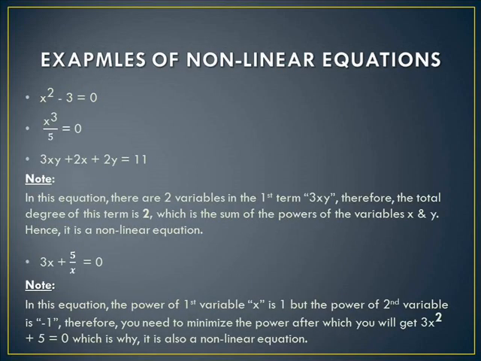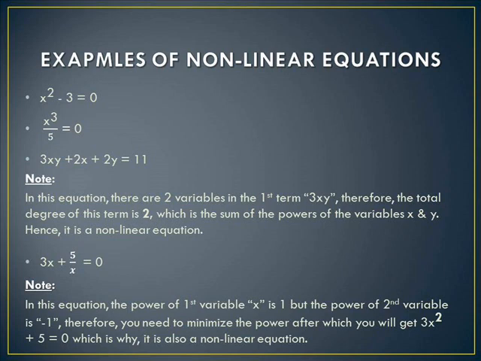Here are some examples of non-linear equations. In the first example, you can see that the degree of x is 2. Therefore, it cannot be a linear equation. In the second example as well, you can see that the degree of x is 3. Therefore, the second equation is also not a linear equation.